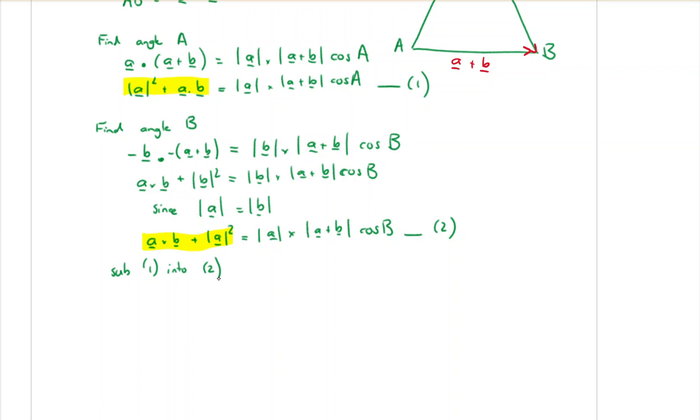And that means it would just be length of A times length of A plus B, cos A, is going to be equal to length of A times length of A plus B, cos B. Does that make sense how I got that?